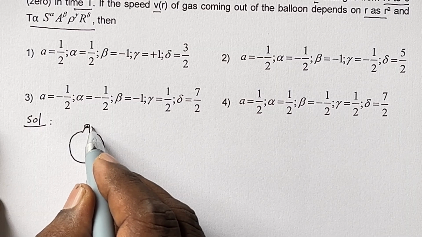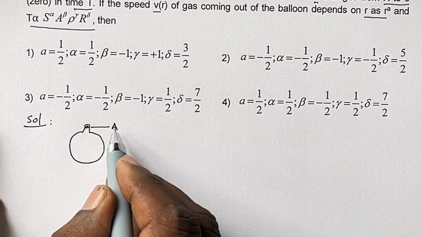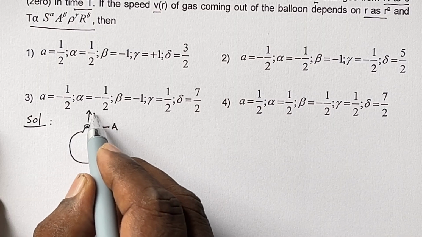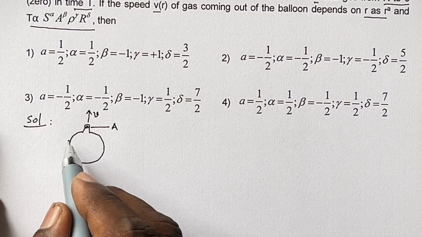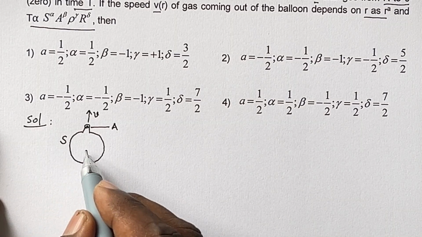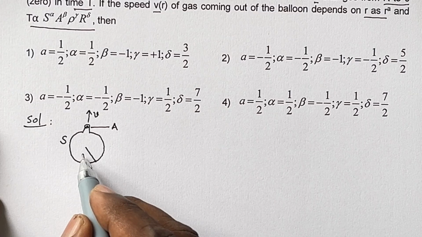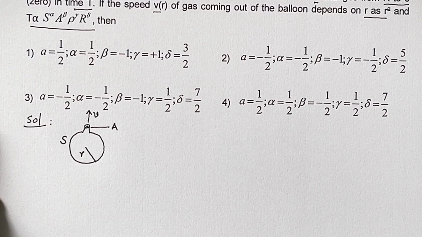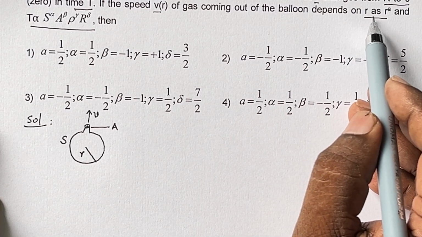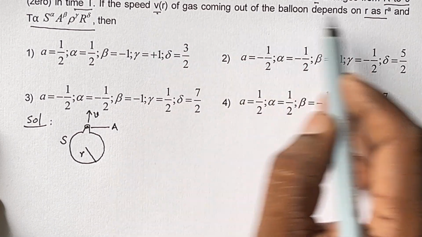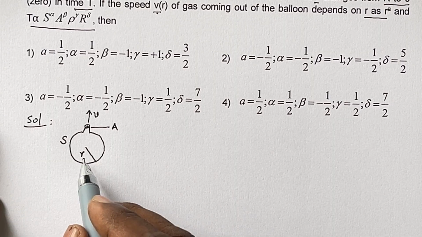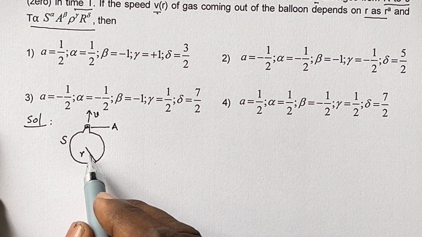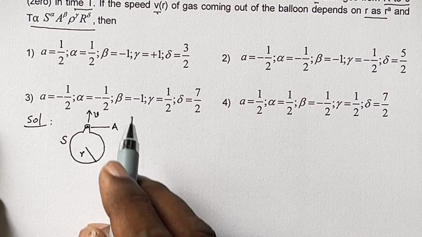That opening area is A. From this, air is coming out fast with speed V. The material of the balloon has surface tension S and the radius is R. So first we have to calculate the relation between the velocity and R power a. This is the general condition. This R value is maximum, capital R, and finally it becomes 0 when all the gas goes out.